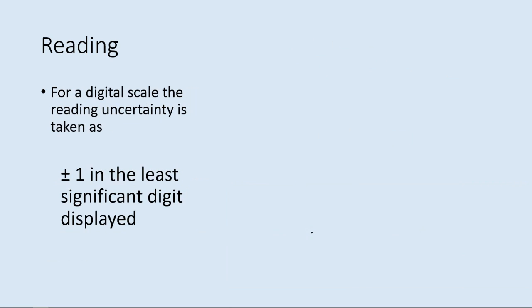For digital, we take the uncertainty as plus or minus 1 in the least significant digit displayed. If this was our timer, the least significant digit displayed is this 7 here, which is 0.01.